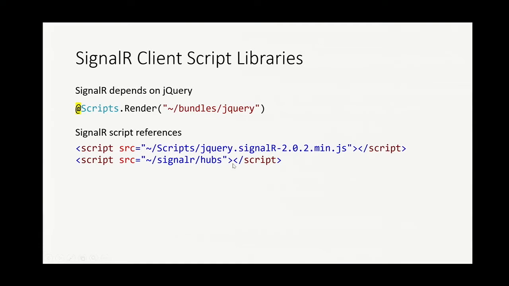Then the second one, not a typo, you put in this funky little looking script tag: ~signalr/hubs. Not hubs.js. It's not a JS file, just a path. So once the hub spins up and a client first connects, it sends these scripts, and that hubs creates a proxy.